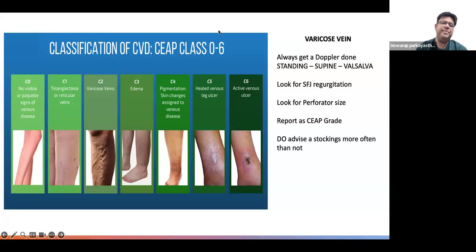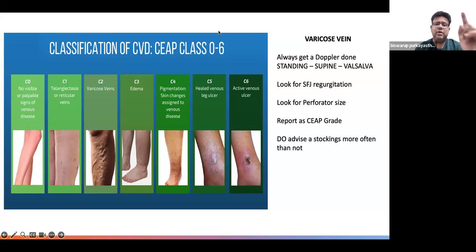And if I'm referred a patient, or told that this is basically a C1 or C2 CEAP class varicose vein, I would more often than not not even want to see the patient in clinic, just ask for a couple of photographs and based on that give you some non-invasive stockings or medications for your use. That saves the patient an entire trip to a different country just to get a non-invasive treatment.